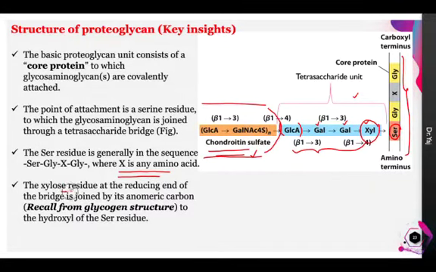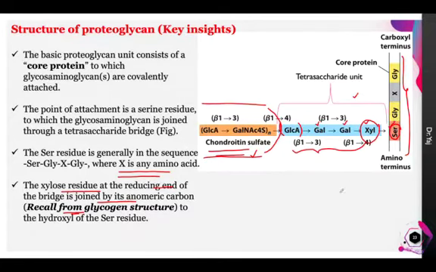And the xylose residue at the reducing end of the bridge is joined by its anomeric carbon. And the concept of anomeric carbon we talked about when we talked about the linkages in the glycogen structure. So xylose is linked here to the hydroxyl group of serine.